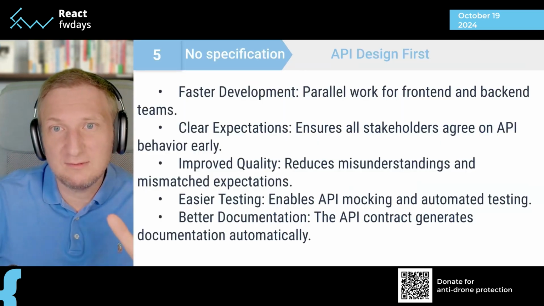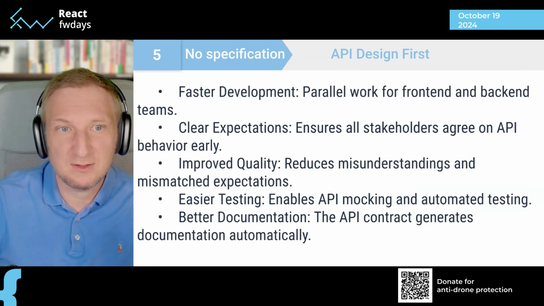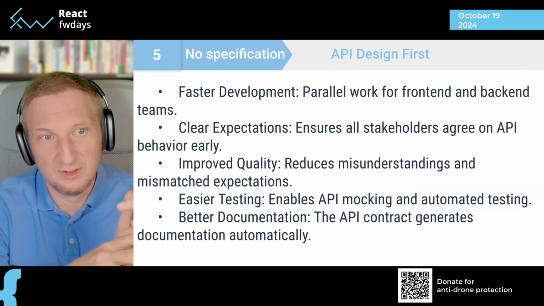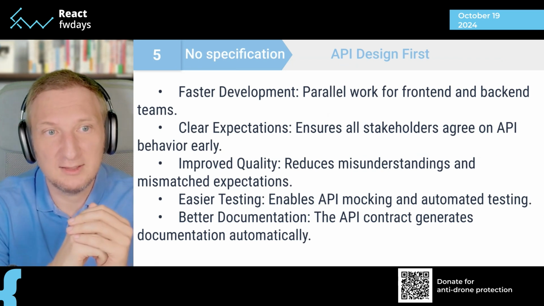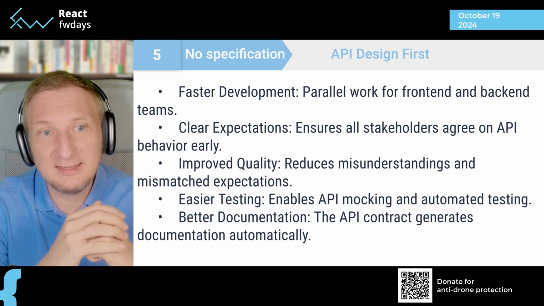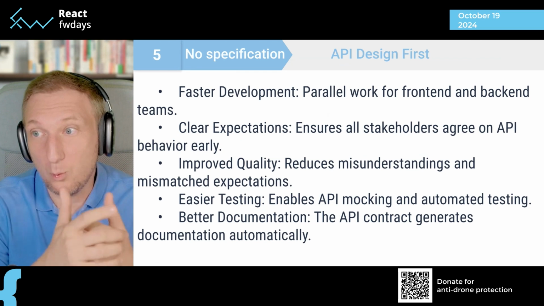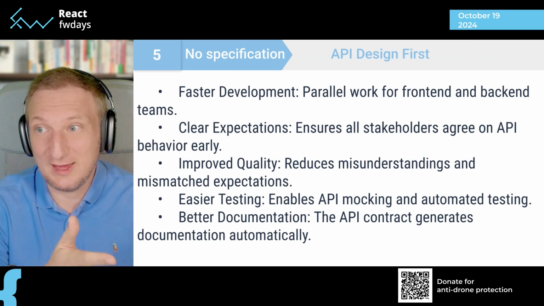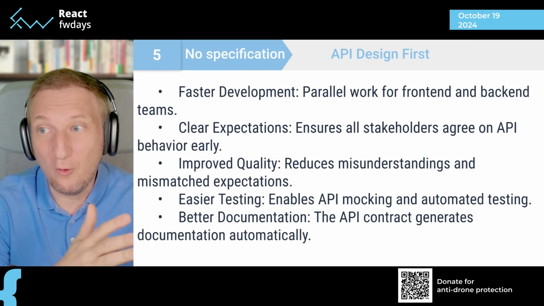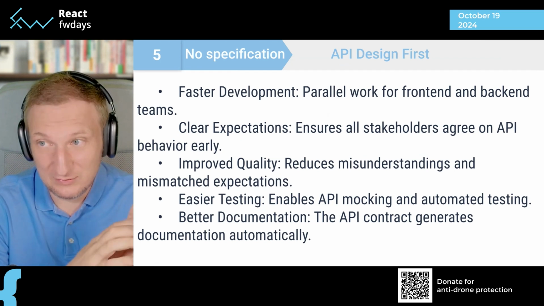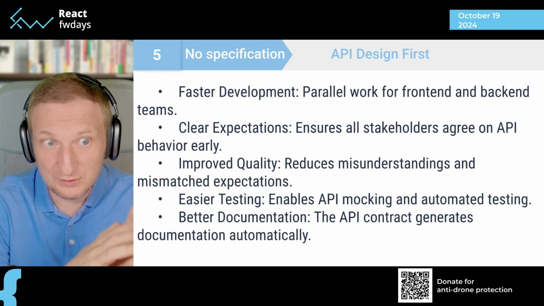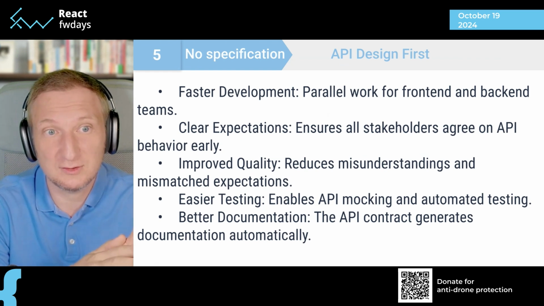How is the API design first principle implemented, and why do we need to do that? What are the benefits? How to sell this? You can see this on the slide. First of all, it speeds up development, and one of the reasons is that you can remove all manual work of creating API layer integration code, because you will receive this after generation.